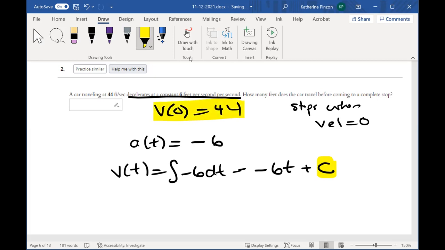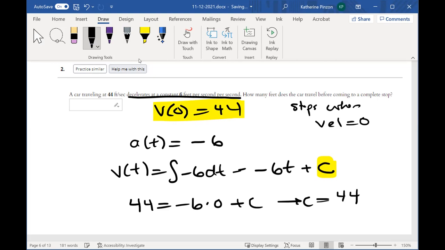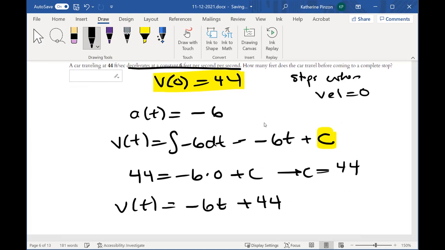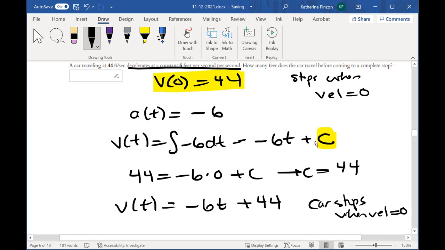Use that at time 0, the velocity was 44. So 44 is negative 6 times 0 plus c. C equals 44. So my velocity function is negative 6t plus 44.